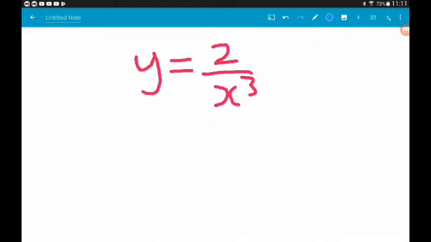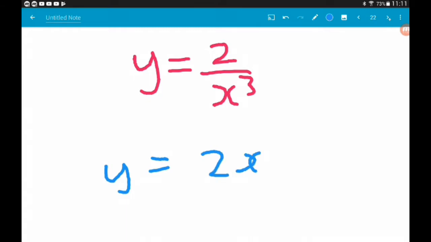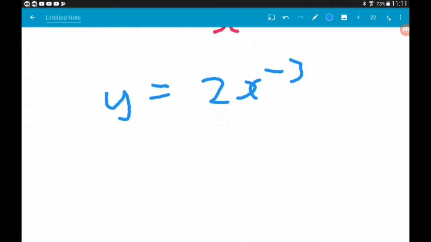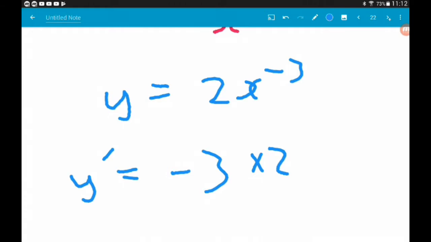Okay, another one like that. y equals 2 over x cubed. So first of all, write it in index form. So this is the same as y equals 2x to the minus 3. So y dash, our derivative, is going to be minus 3 times 2x to the minus 3 minus 1.